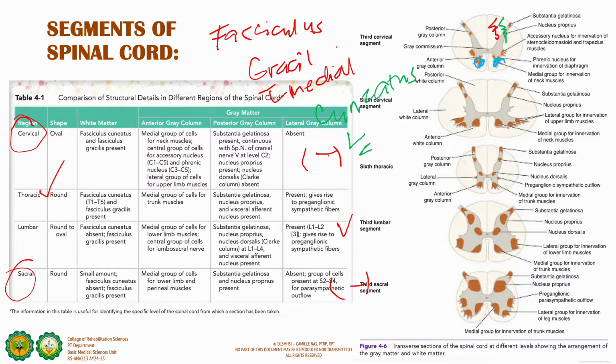Your corticospinal tracts are found on the lateral side, a bit anterior. And then you have the spinothalamic tracts. We have two fibers: the anterior spinothalamic tract, around here, and the lateral spinothalamic tract, maybe around here. Basta visually, you get a sense of where the locations of the tracts are. So the important thing here, I think, would be the presence of the lateral gray column.